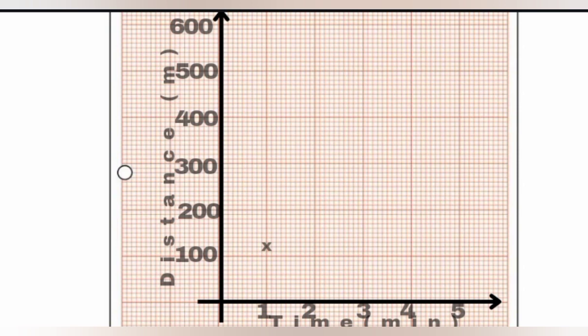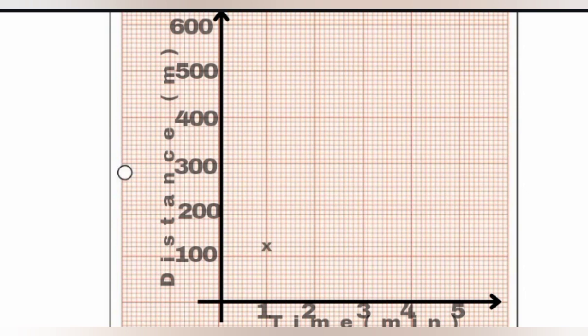Trace 1 on the x-axis and trace 120 on the y-axis. Tracing 120 will be after the first large box, then 2 smaller boxes on the y-axis. So you trace that and you trace from the 1, you will have them meeting up at this point where we have this star mark.